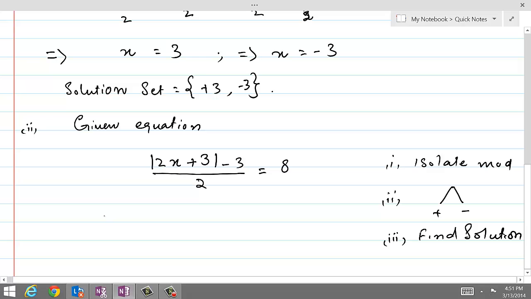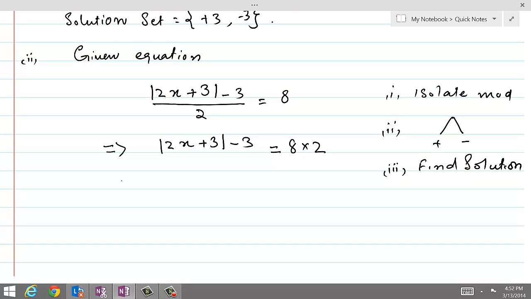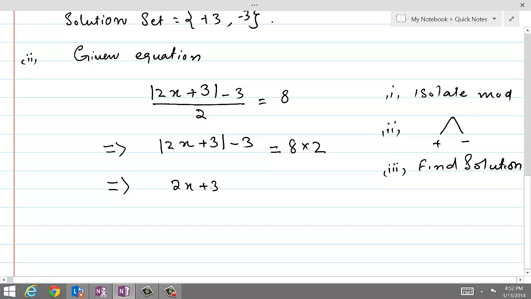So this way we can do this: 2x plus 3 mod minus 3, and this 2 which was dividing on the left-hand side will be multiplied on the other side and will give us 8 times 2, and now this will give us 2x plus 3 mod minus 3 equal to 16, and still we are working on the first step.